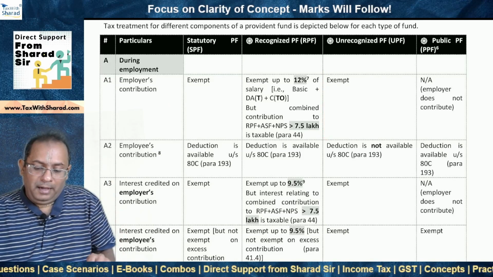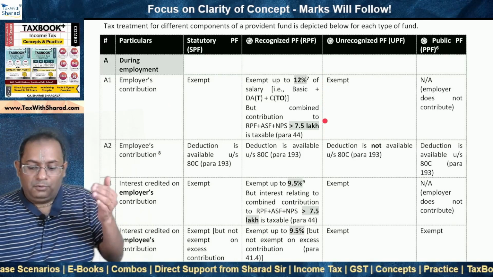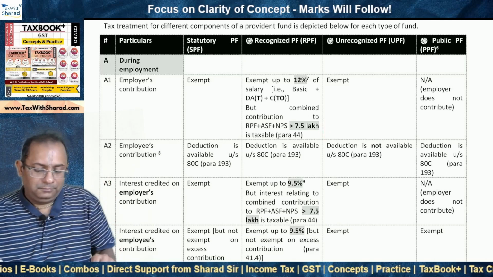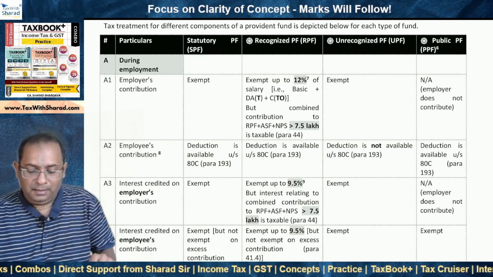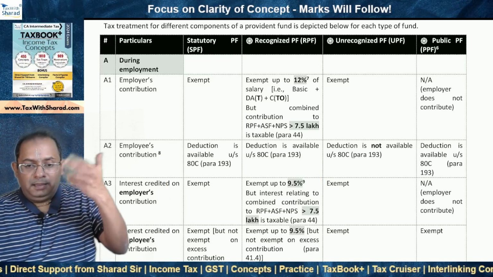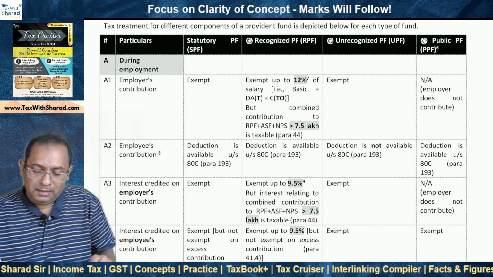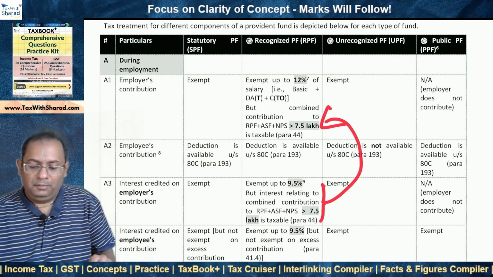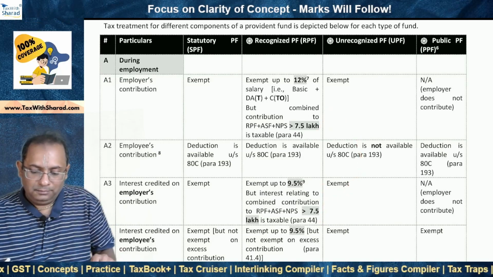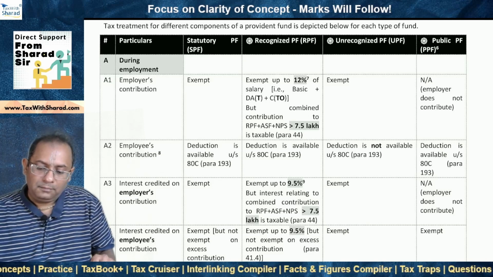Second layer, combined RPF, ASF, NPS contribution more than 7.5 lakh becomes taxable. As far as interest is concerned, first layer, interest exceeding 9.5%, that excess becomes taxable. Second layer is interest relating to this excess contribution. Second layer, this becomes taxable, right?